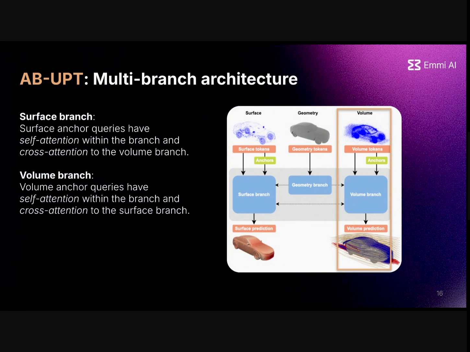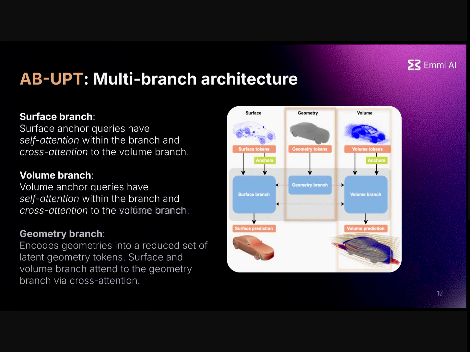We have the volume branch, which does the same, but reversed. It takes in the queries of the volume simulation mesh, and it has self-attention to model the physics within the volume, and also cross-attention to model the interaction between the surface and the volume.